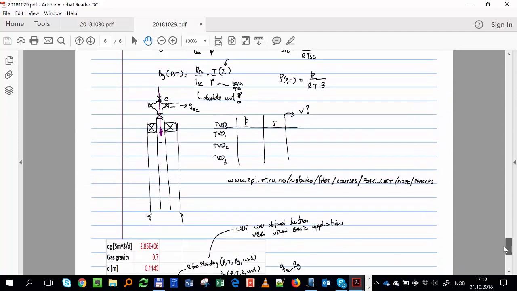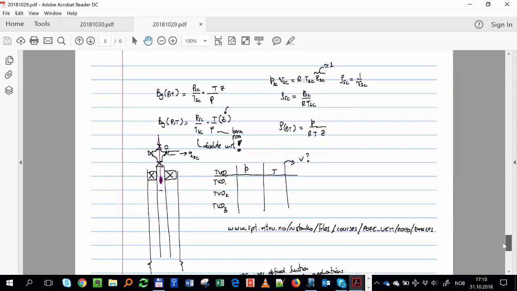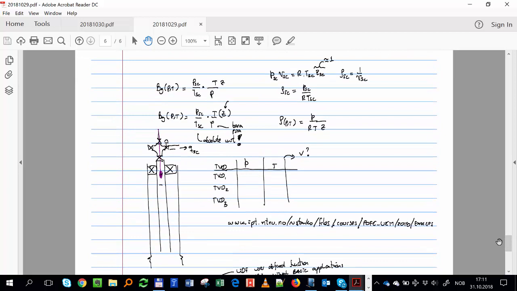And gas, to be honest, is also a bit complex because the properties change. If we do it with liquid, we can assume that the properties are constant with pressure, and we don't have that complexity. But I hope you are understanding.